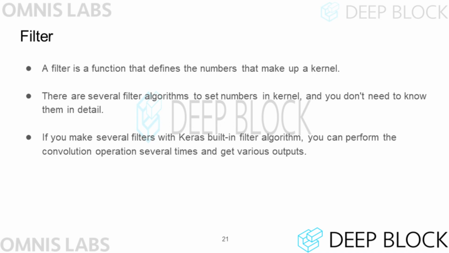In Keras, even if you do not specify which filter function to use, the numbers inside the kernel are set through the default filter function. The number of filters can be several. In this case, several matrices are created from the convolution operation, and all these matrices are passed to the next layer.